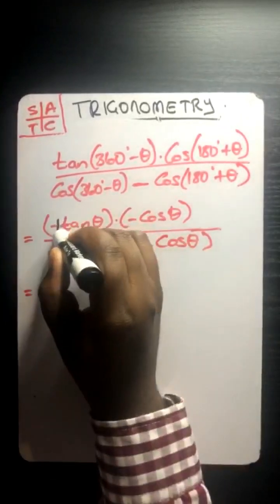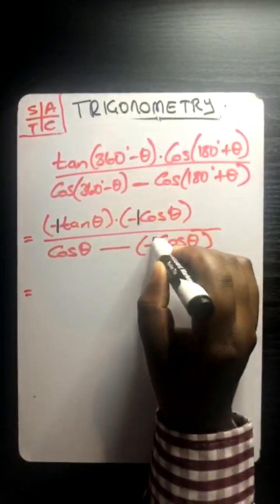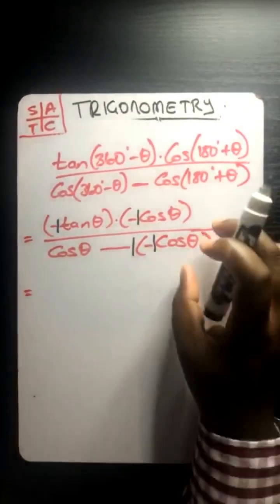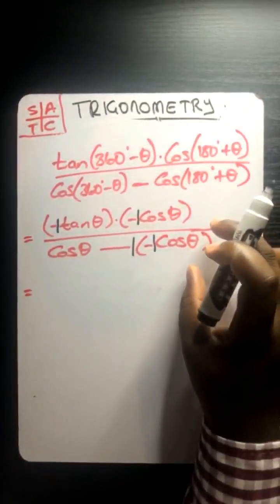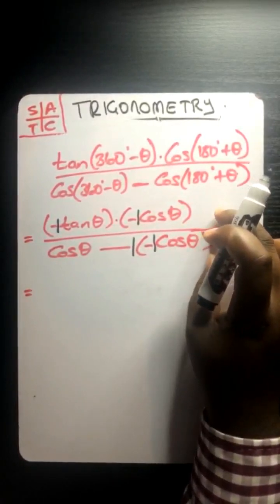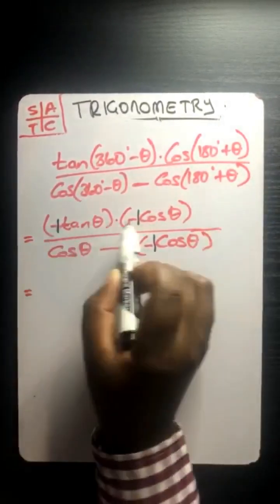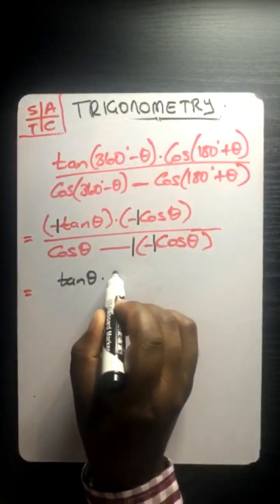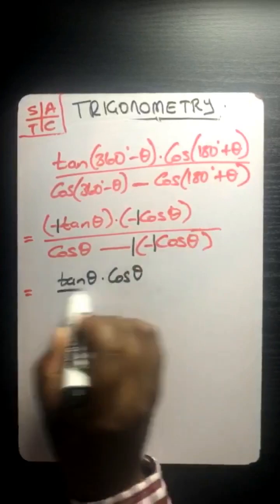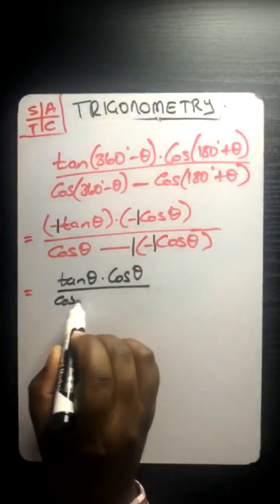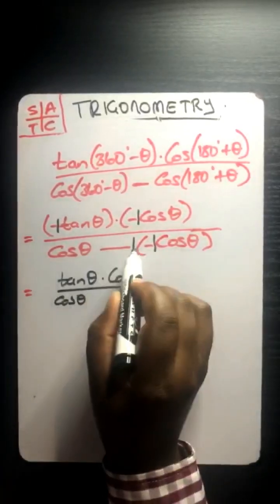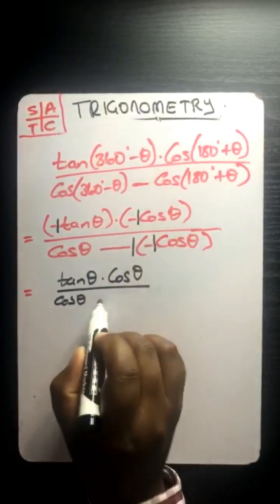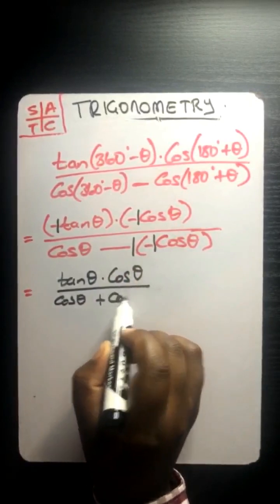You remember you have an invisible one there, isn't it? Yes, sir. Before you do anything else, if you can work out the negatives, let's work them out. This is like -1 times -1, which gives you positive tan multiplying positive cos. Then this one is cos of an angle. This is -1 multiplying that -1, which gives you positive cos of the angle.